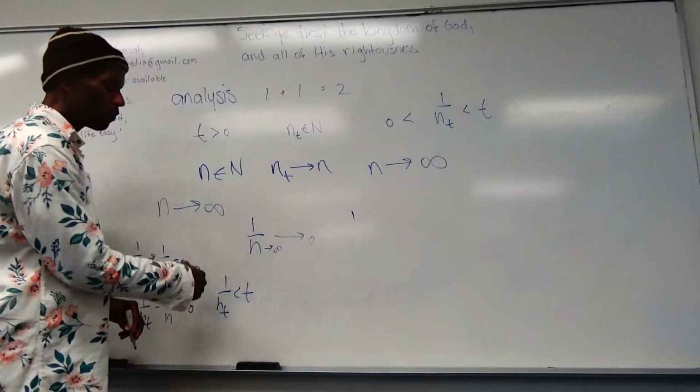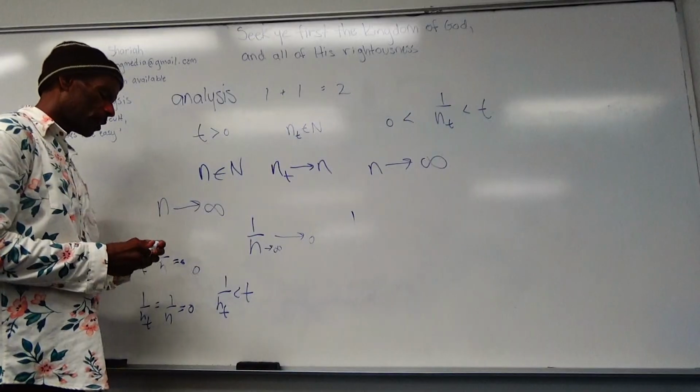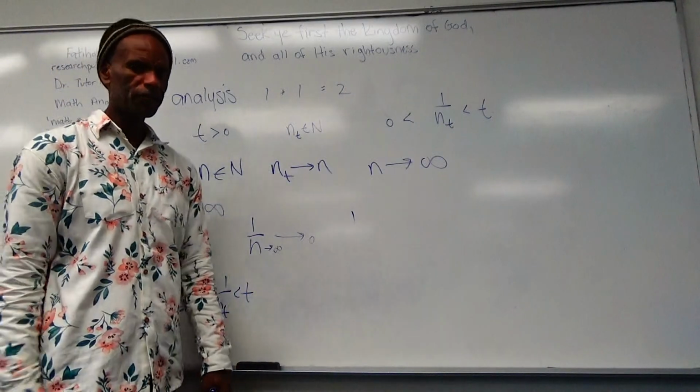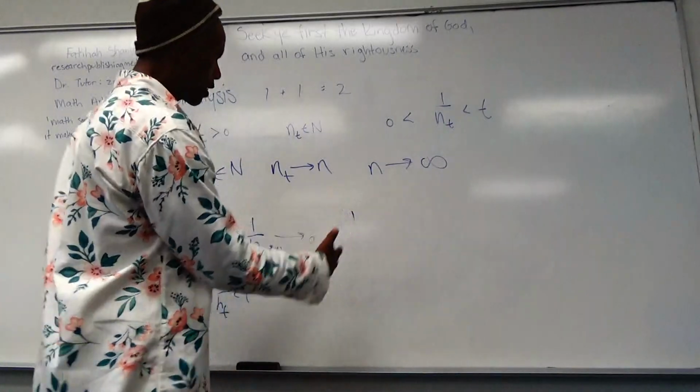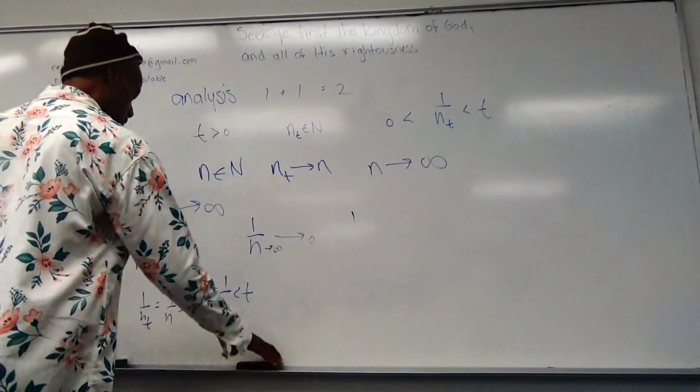So therefore, 1 over nt is less than t. And that's what it is, brothers and sisters. Again, it's not exact as far as the literature, so we have to look at that to see if we can further understand what's going on.